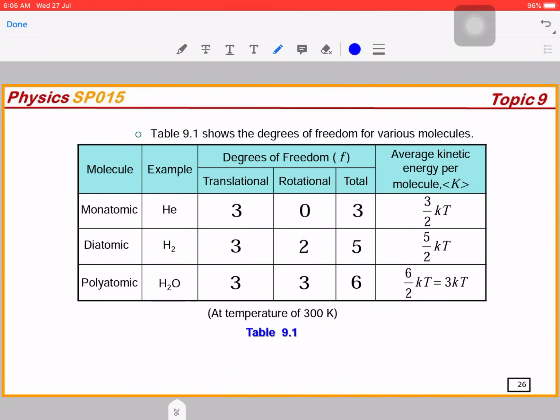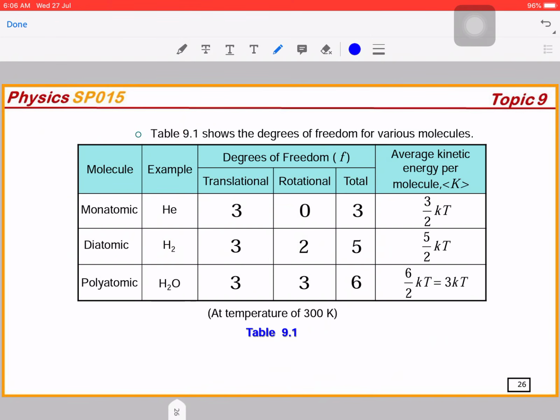So you can see here, monoatomic gas, example He: translational 3, rotational 0, so total 3. The formula for average kinetic energy per molecule is 3/2 kT. Then diatomic, example H2: translational 3, rotational 2, so total is 5.